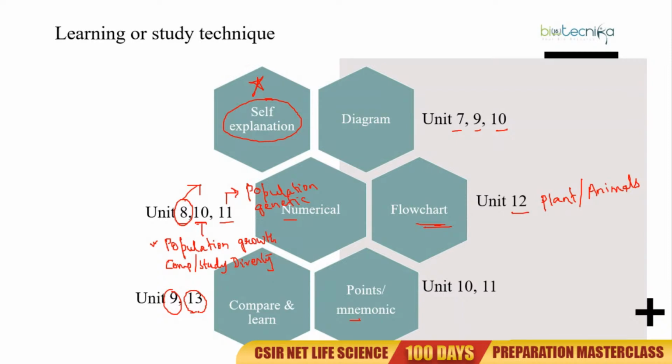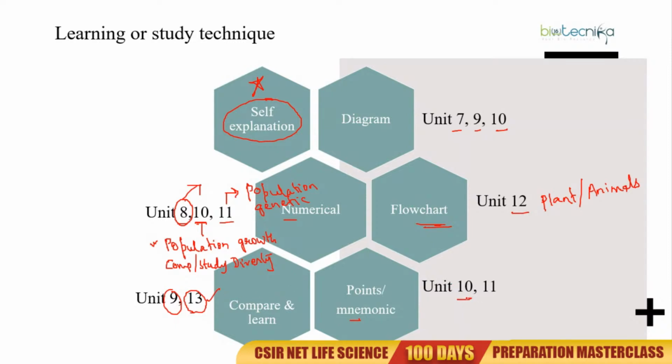So it is always better that once you have gone through those techniques, you compare them and see what is the working principle of that technique, what is the outcome, and what kind of compounds can be screened through it. This kind of comparative study is a must for unit 13.